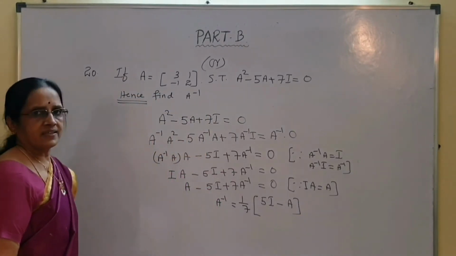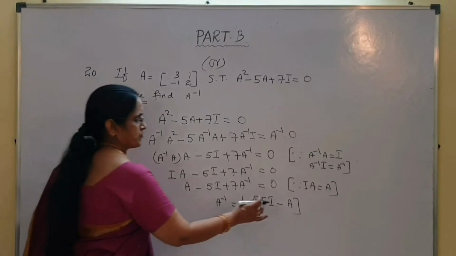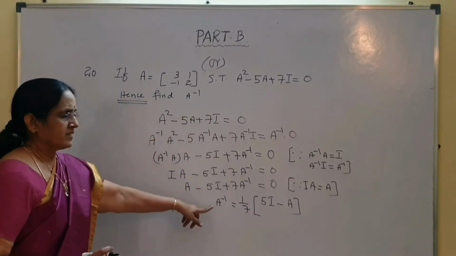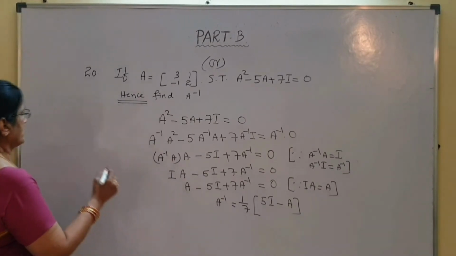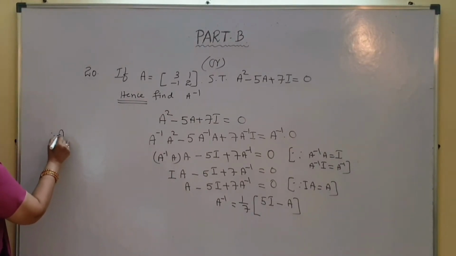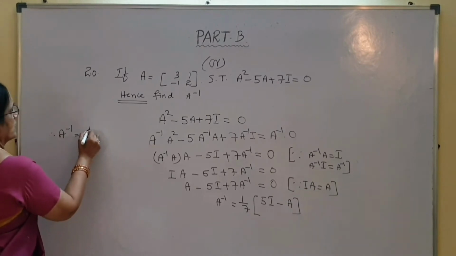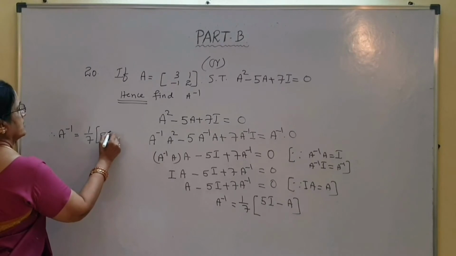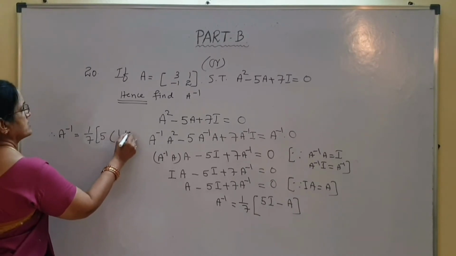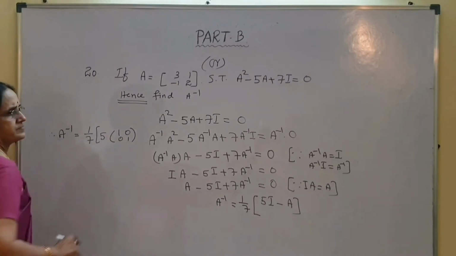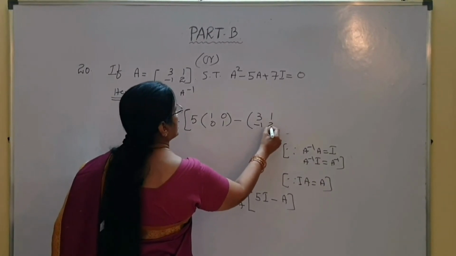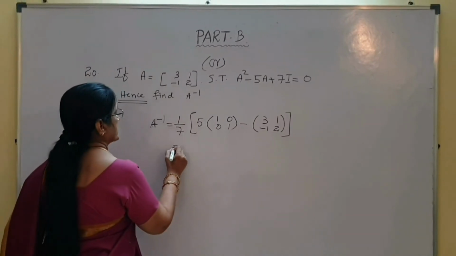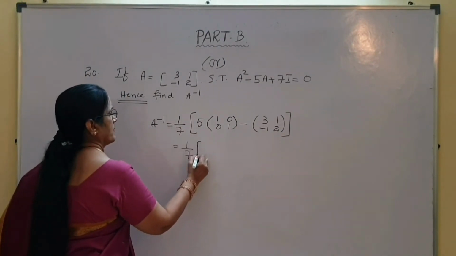5I minus A. Now I need to substitute for the identity matrix as well as for the A matrix to get A inverse. So therefore, A inverse is equal to 1 by 7 of 5 into identity matrix, 1, 0, 0, 1, minus 3, 1, minus 1, 2. Now let us simplify this. I will be getting 1 by 7 of the matrix.